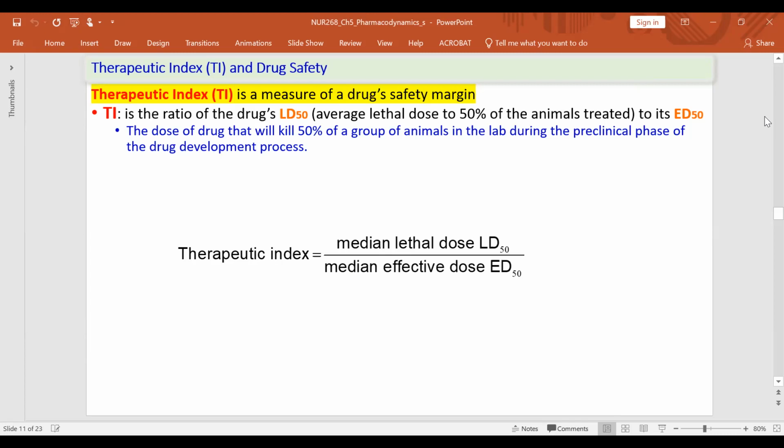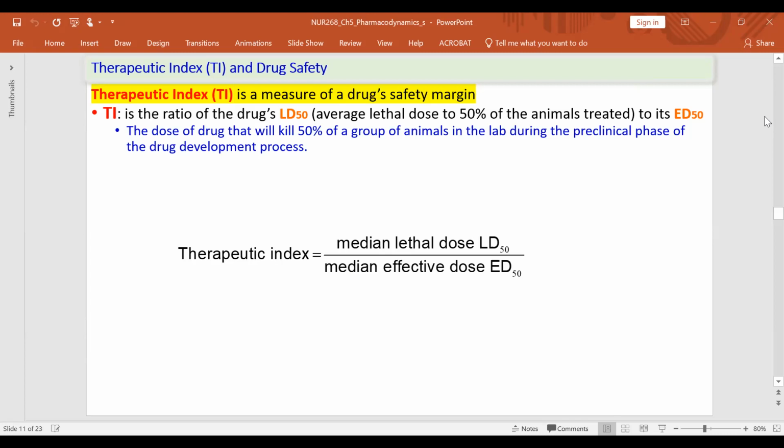The therapeutic index, TI, is the ratio of the LD50, which is the average lethal dose to 50% of the animals treated, to the ED50, which is the effective dose for 50% of a group of animals, determined in the lab during the preclinical phase of the drug development process.